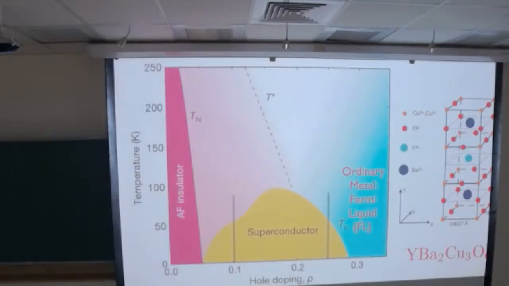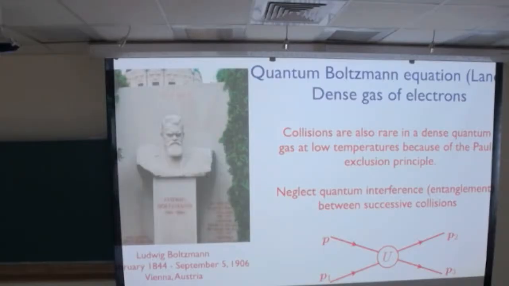So this is what we call the Fermi liquid theory, and in particular, the theory used to describe phenomena is the quantum Boltzmann equation, and this works in a dense gas of electrons because the exclusion principle makes collisions rare. The main assumption in this theory is that successive collisions are statistically independent, so it ignores any multi-particle entanglement that may develop because of the interactions.